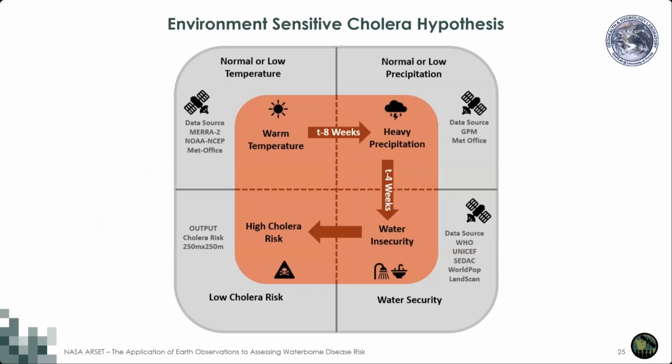The next condition that is important for cholera to be present in our research findings is heavy precipitation. So higher than average precipitation for the region allows flooding of the water infrastructure.